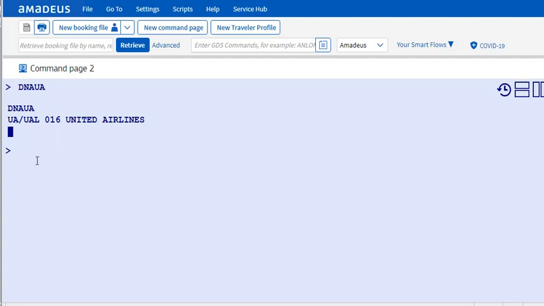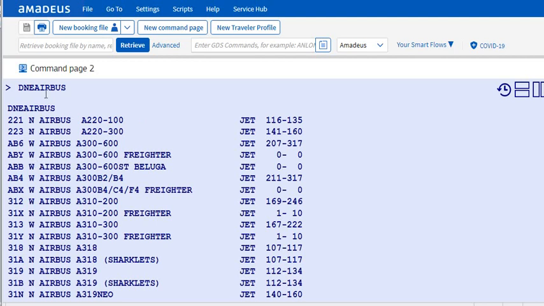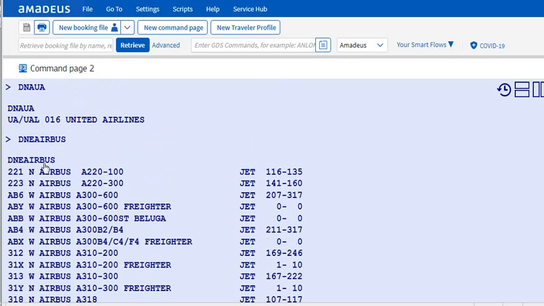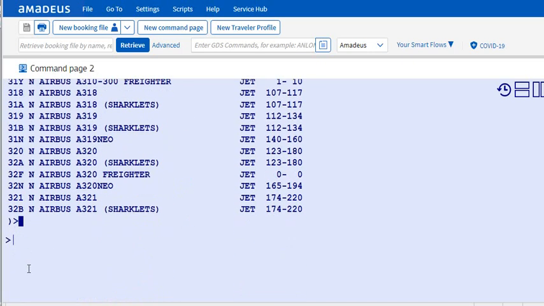Okay, then DNE. This is the entry to encode and decode the aircraft types or the equipment. Airbus. And you see here DNE Airbus. All the different types of Airbus flights are shown here. And then DNE. Suppose I'm saying 320.